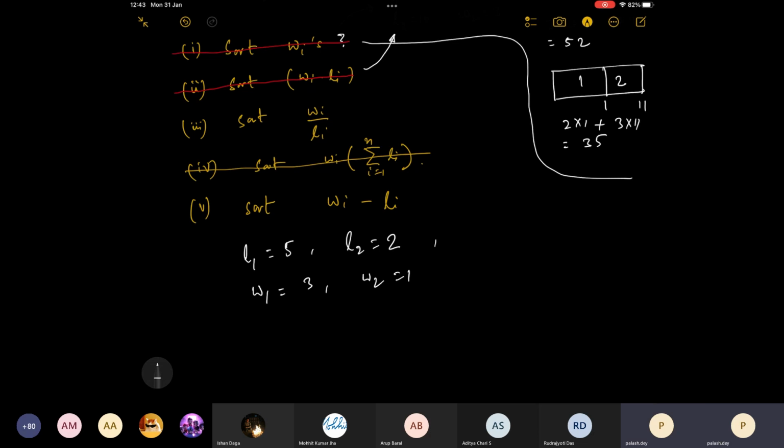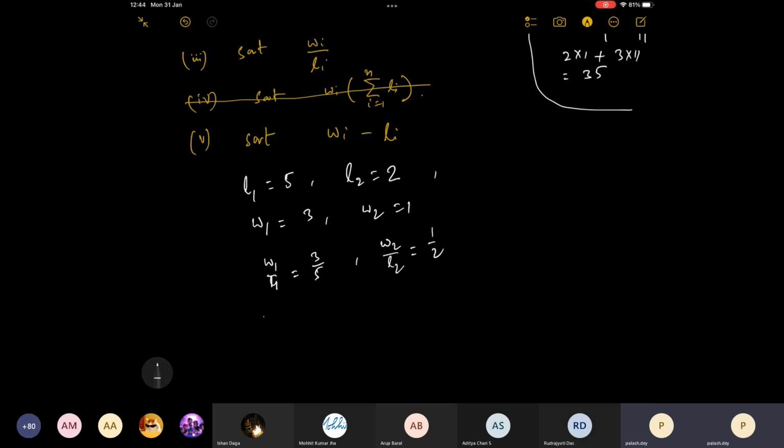Then W1 by L1 is 3 upon 5, 0.6, and W2 by L2 is half. And W1 minus L1 is minus 2 and W2 minus L2 is minus 1.